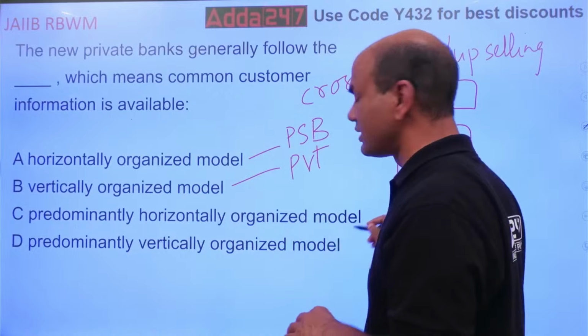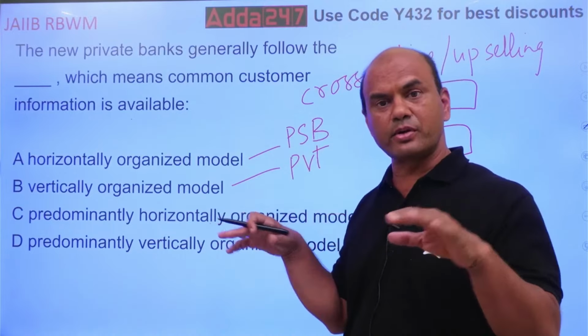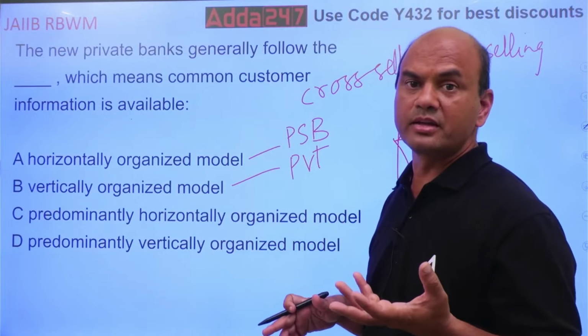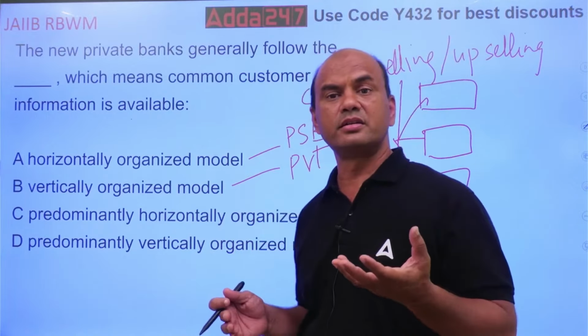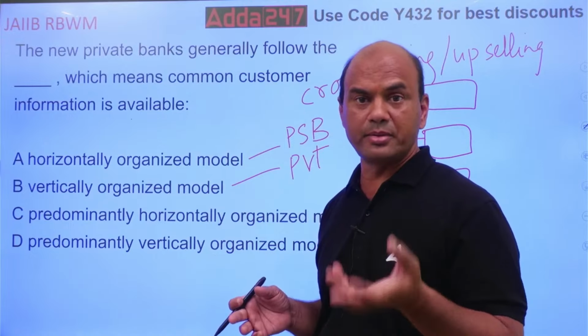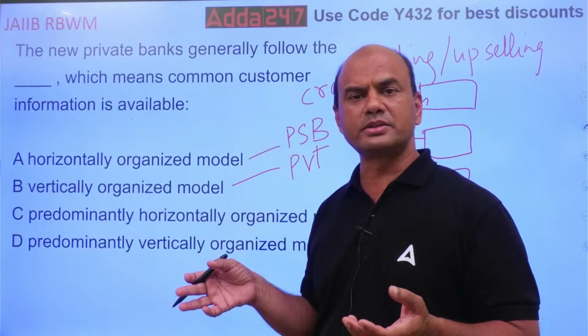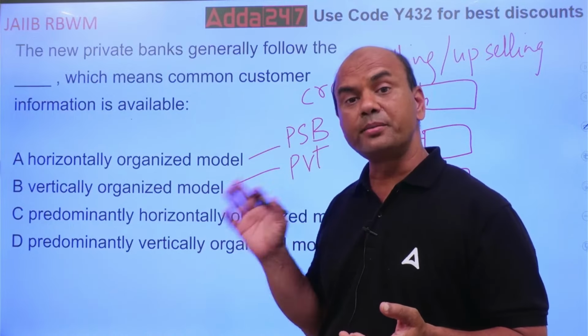Cross-selling means selling the customers with the same level of product. Same level means if some customer is having, let's say, a 10,000 rupees savings account, MAB, then I'll sell insurance or mutual fund to that customer. But upselling means what?